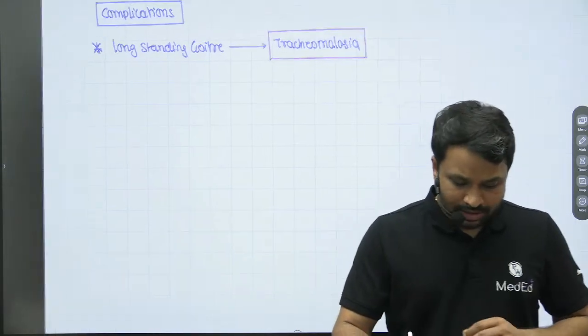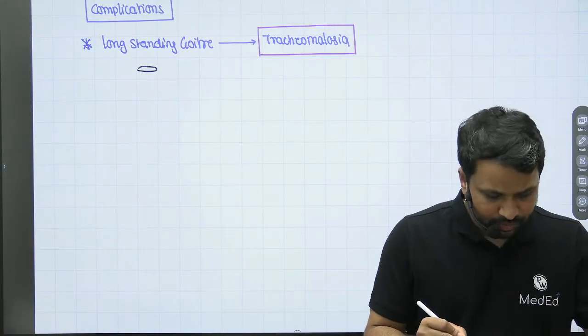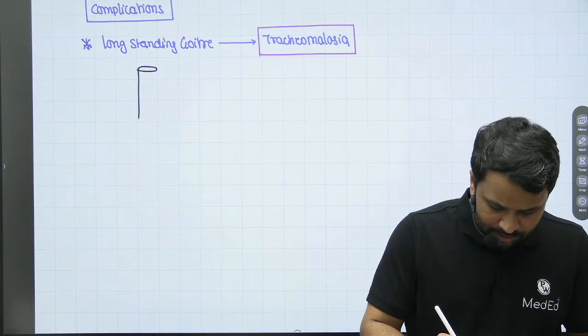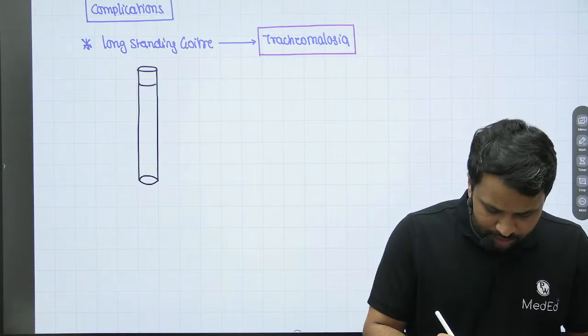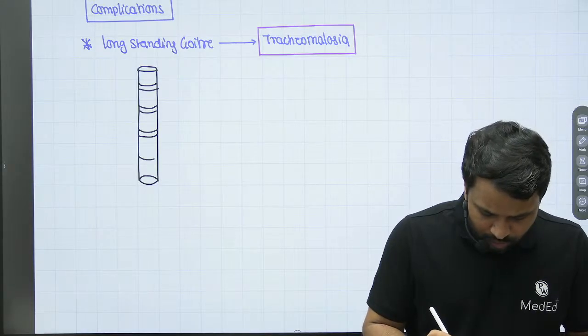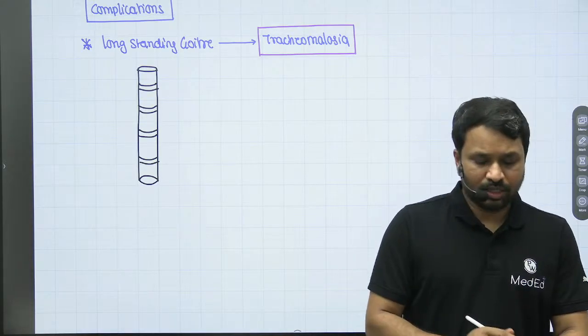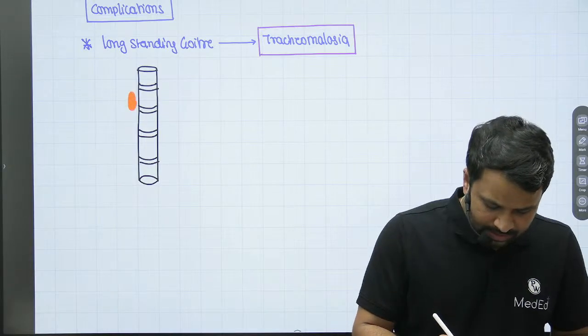Now the basic concept behind this is, let's say this is the trachea that we have, and these are the tracheal rings which are formed in this particular manner. Now you see, the thyroid gland initially was of this size.